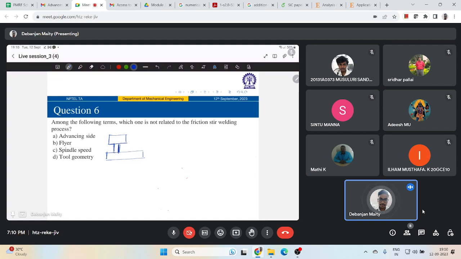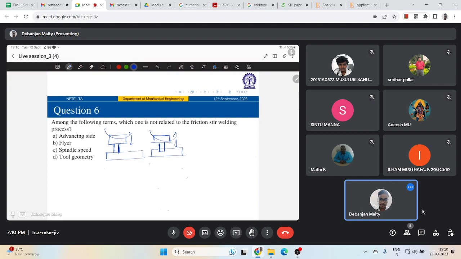And it is touching the workpiece. And then we are giving a plunge. So during the plunge, this is my workpiece, this is my tool. This will come a little bit below, and this is getting plunged.